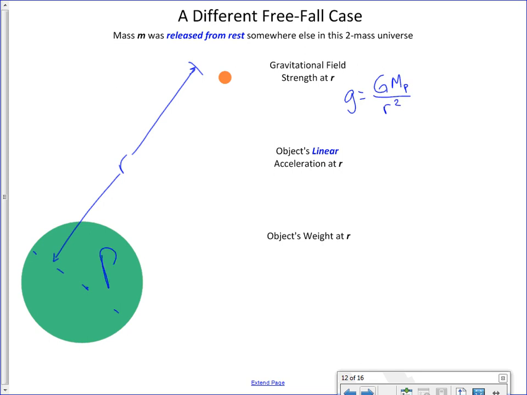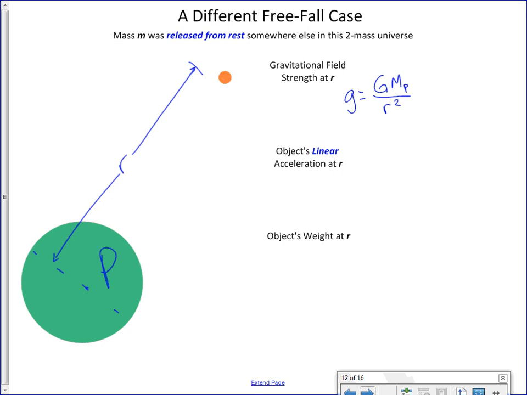I'm going to call this the planet and this the satellite. A satellite's not necessarily Sputnik; it's anything that orbits anything else. The moon's a satellite. The object's linear acceleration, because this is what we're calling a free fall case, mass m, we'll call this m.